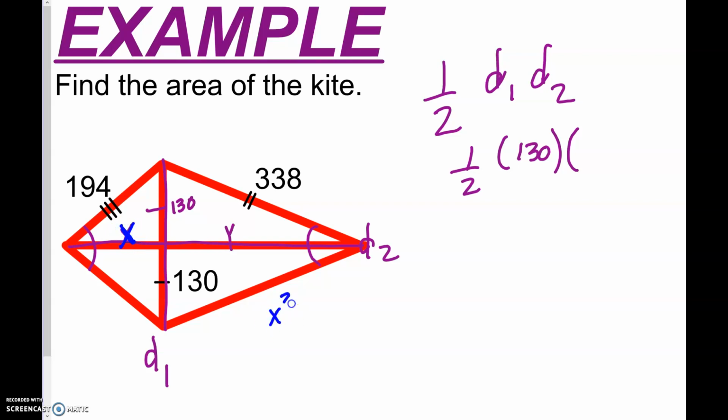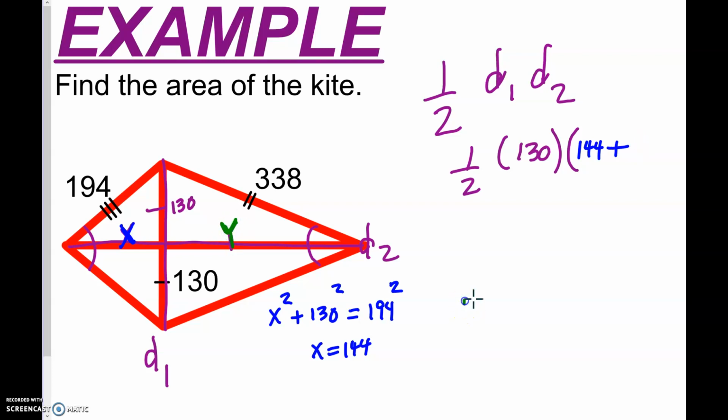So I can say X squared plus 130 squared equals 194 squared. So 194 squared minus 130 squared, and then remember to take the square root. So I believe that gets 144. So it's going to be 144 plus something. Now I need to do the same thing and find out what Y is.